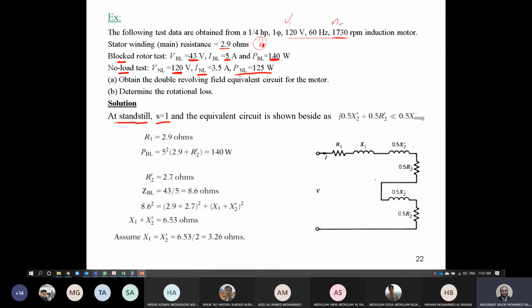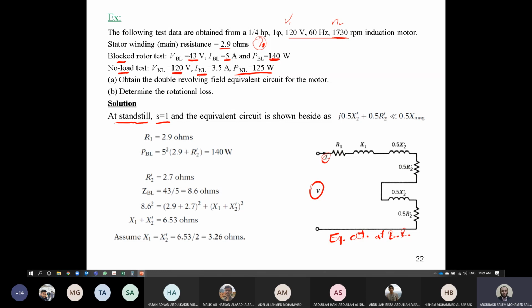So this is now representing, guys, the equivalent circuit at blocked rotor test. Why? Because the motor is not moving, S equals unity. In this case, you have the applied voltage, you have the current and the power consumed by the circuit. Regarding the resistance, you have R1, 0.5 R2, 0.5 R2, so it's R1 plus R2.